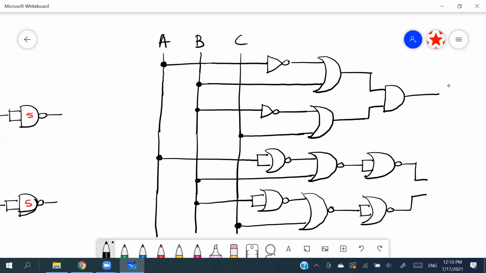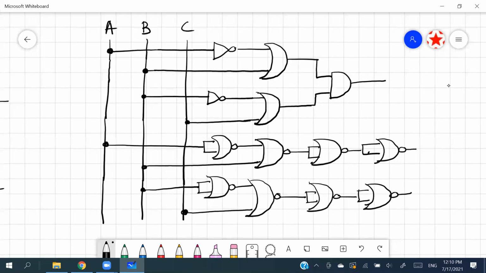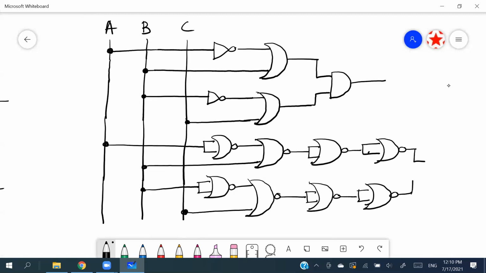So to create the AND gate, we are using an AND circuit. And now we are sending it through another NOR gate.